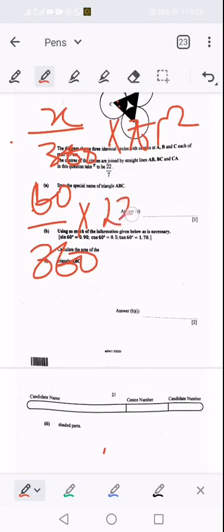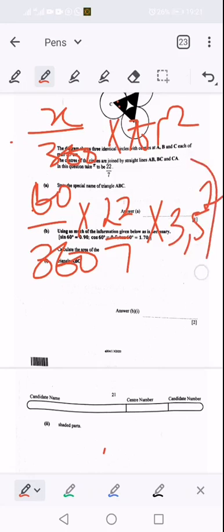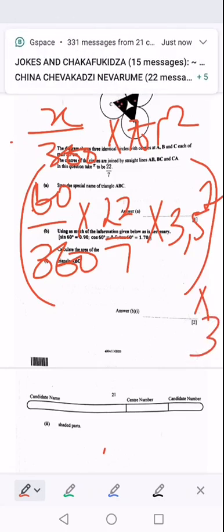Pi is 22 over 7 times radius squared, which is 3,5 squared. Then kana wawana izvi, manje yawawana bobva waiti times 3, since zvimasector zviri 3, 1 2 3.